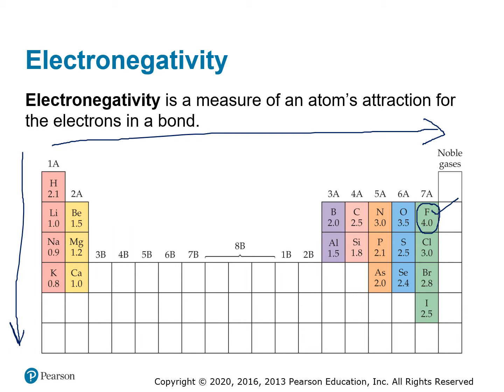That leaves fluorine as one of the most electronegative elements. And why am I talking about electronegativity? Because I'm going to switch to something called polarity, and we need to understand the concept of electronegativity.